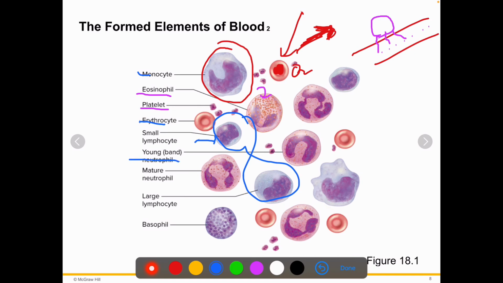Here's the neat one. This is a young neutrophil. I didn't mean to cross that out; I meant to underline it. Let's see, there we go. Some of these are noted by the shape of the nucleus. It's more regular, instead of lobular, meaning lobe. That's what that's coming from.